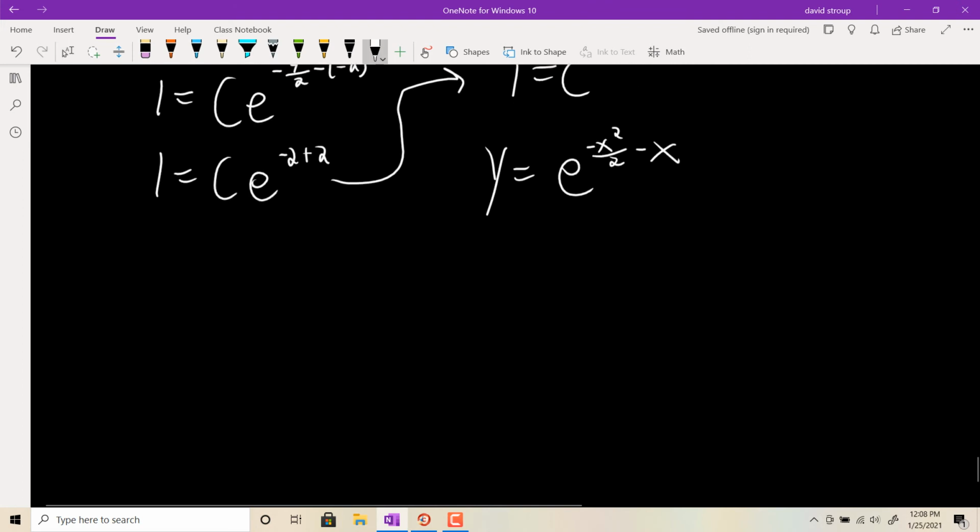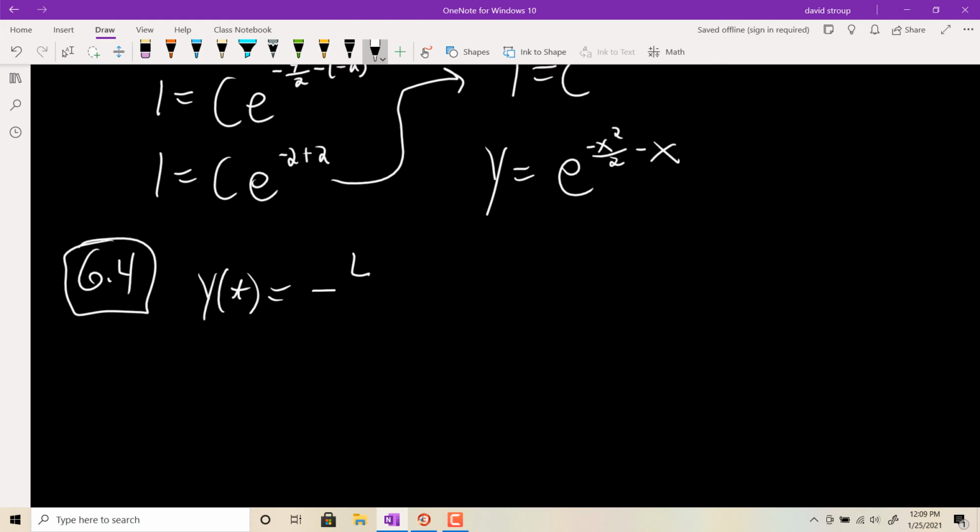6.4 is on the logistic equation. So you have to be able to kind of pick out the bits and pieces. Here's the logistic equation. It's L, the limiting capacity, all over 1 plus B e to the negative kt.